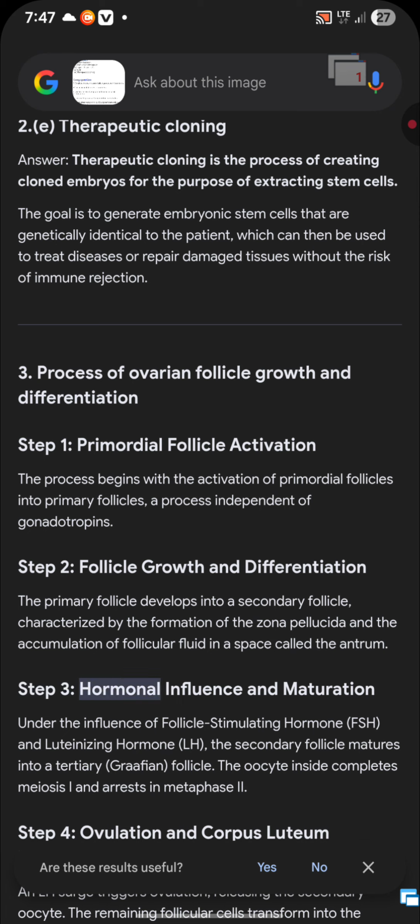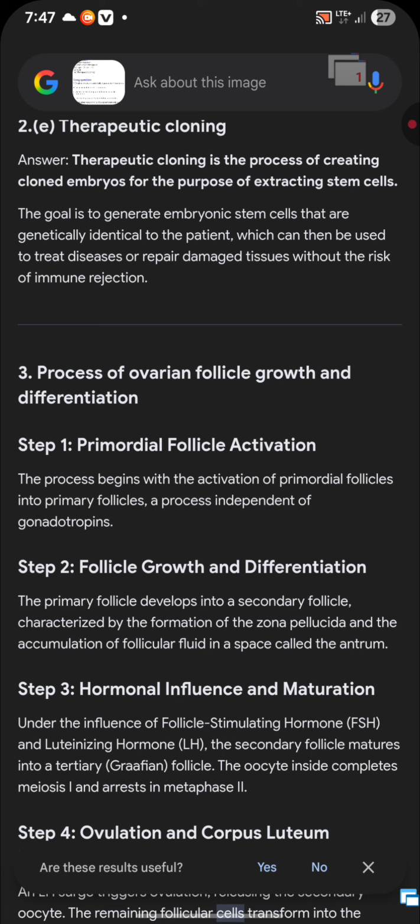Step 3. Hormonal influence and maturation. Under the influence of follicle-stimulating hormone, FSH, and luteinizing hormone, LH, the secondary follicle matures into a tertiary, Graafian, follicle. The oocyte inside completes meiosis I and arrests in metaphase 2. Step 4. Ovulation and corpus luteum formation. An LH surge triggers ovulation, releasing the secondary oocyte.